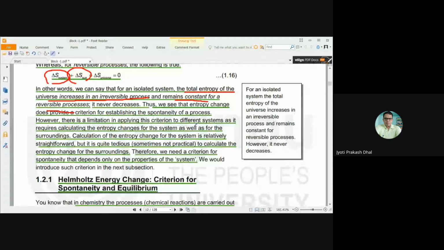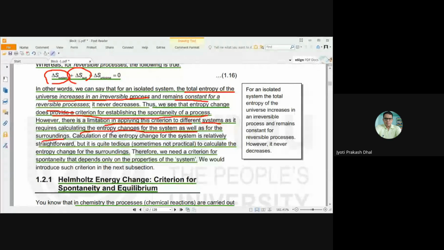So thus we see that entropy change does provide a criterion for establishing the spontaneity of a process. However, there is a limitation in applying this criterion to different systems, as it is required to calculate the entropy changes of the system as well as of the surrounding.